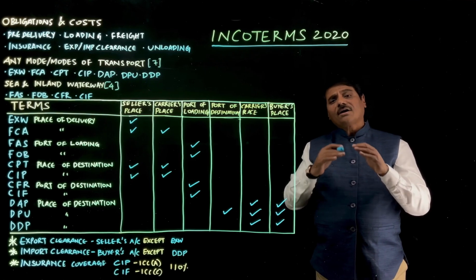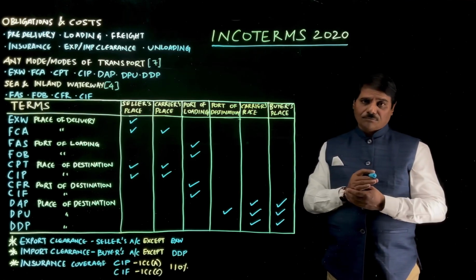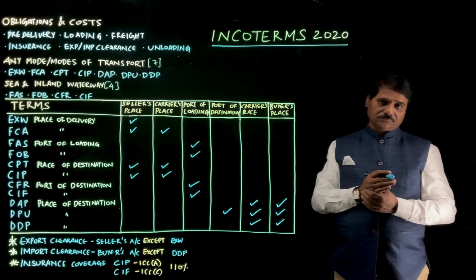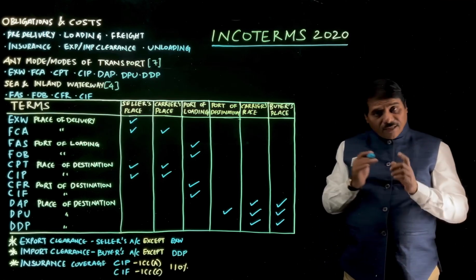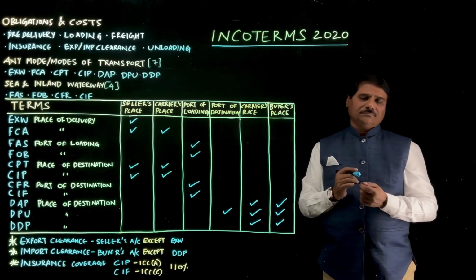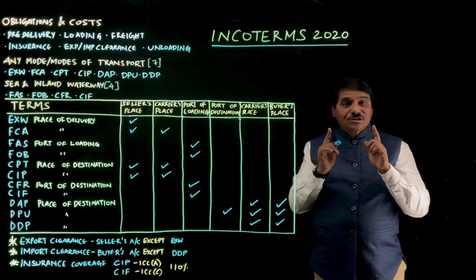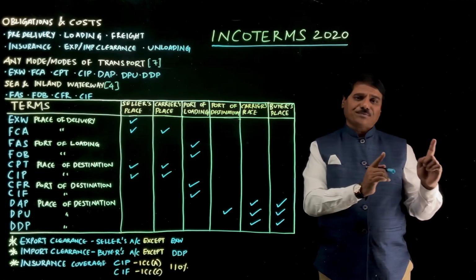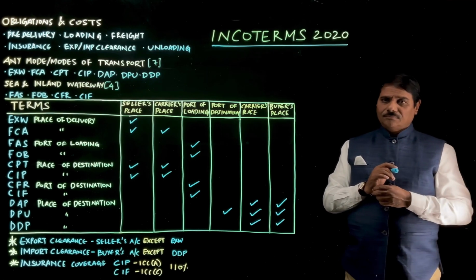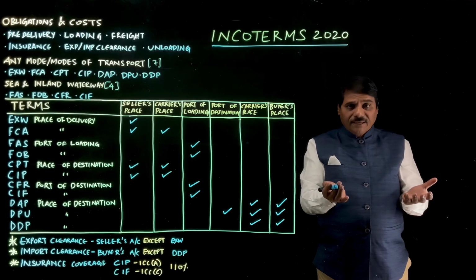Suppose the contract does not describe how to pack the goods or what markings are required. Then if this particular commodity requires packing, you have to pack it as appropriate and suitable for transportation, including marking, like handle with care, something like that.